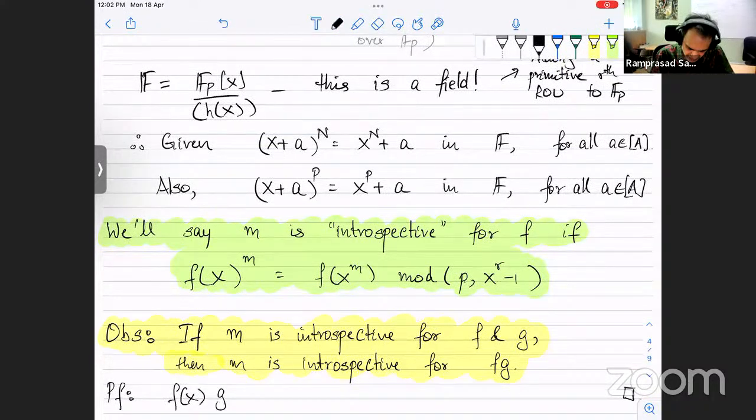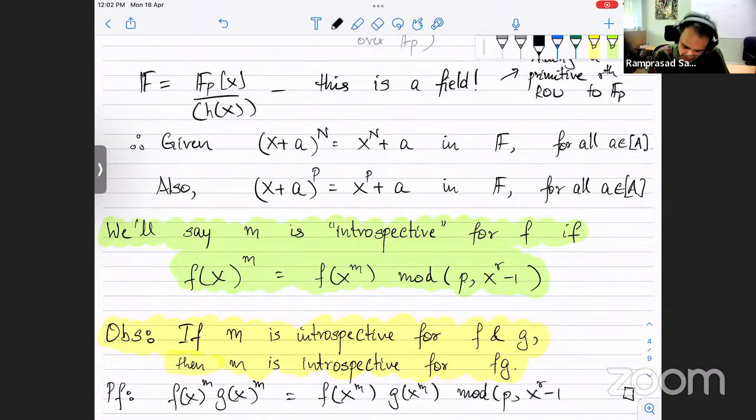I want to show that (f of x times g of x) to the power m is the same as this. I know for a fact that f of x to the m equals f of x to the m, and g of x to the m equals g of x to the m, mod p and x to the r minus 1. It's just trivially true. There's really nothing to be done here. So certainly fg satisfies this property.